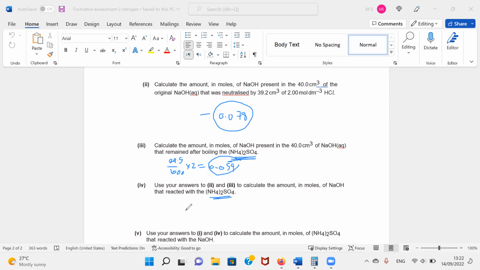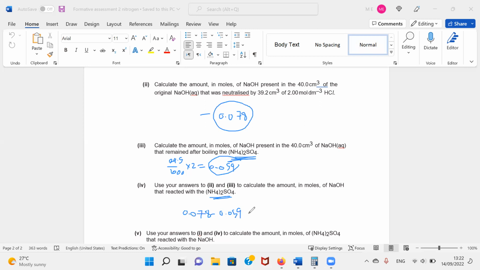So the amount that has reacted with ammonium sulfate will be 0.078 minus 0.059.